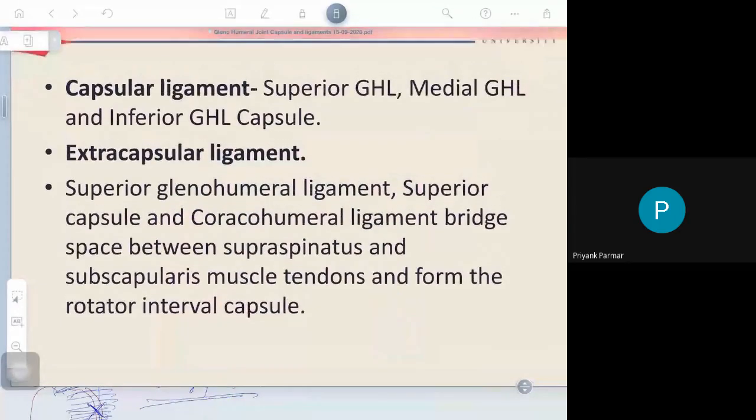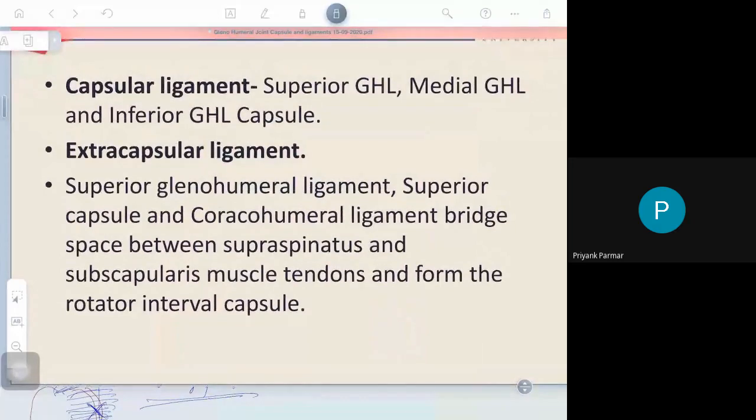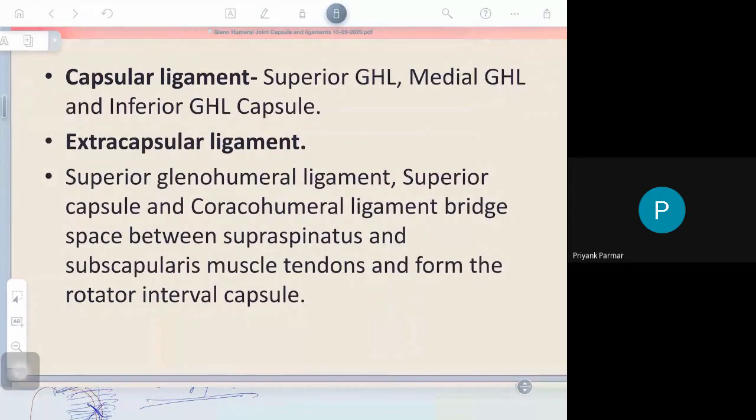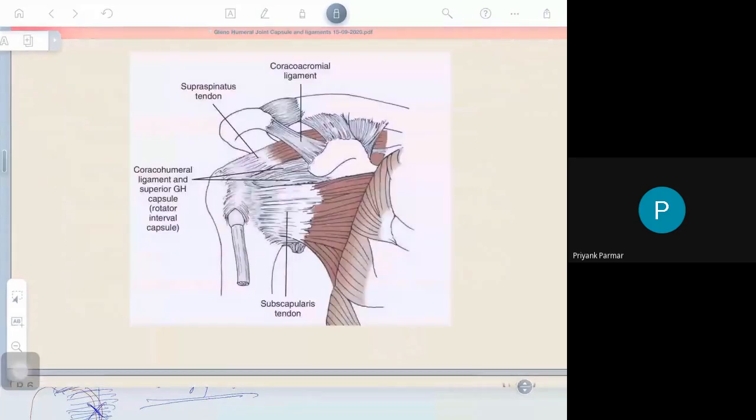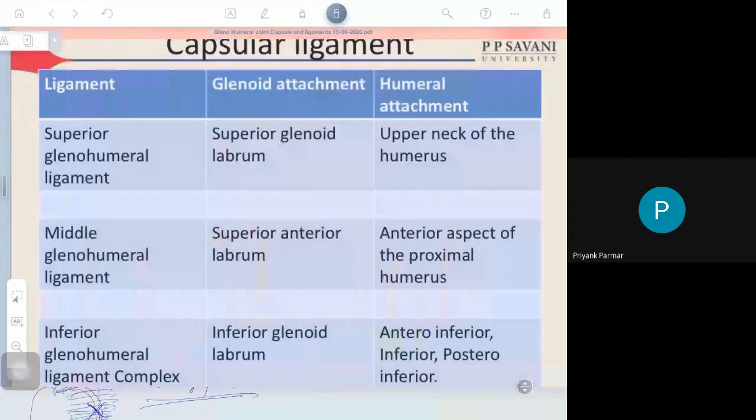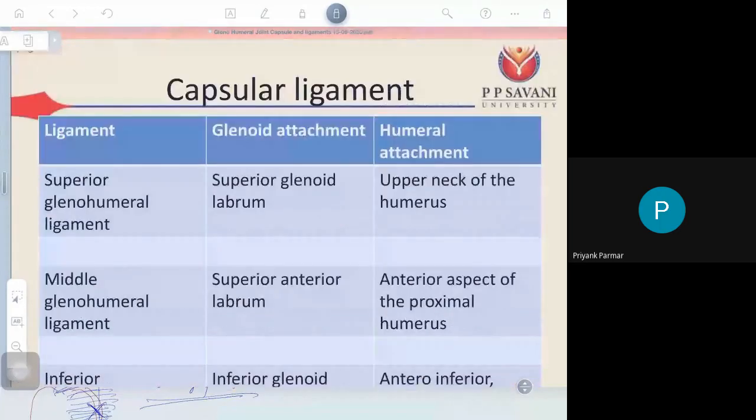See, superior glenohumeral ligament. This we will discuss in the next slide. Now, the attachment of the glenohumeral capsular ligaments. There are two ligaments: one is capsular and the other is extracapsular. Now we are going to study the attachment of the capsular ligament.